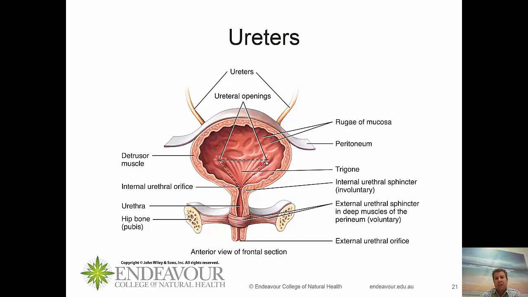And you can see in this diagram that we've got an exit point from the bladder through the internal urethral sphincter. Okay, and that forms a triangle that they call the trigone. So you've got the two entry points of the ureters, and the exit point from the bladder forms the trigone.